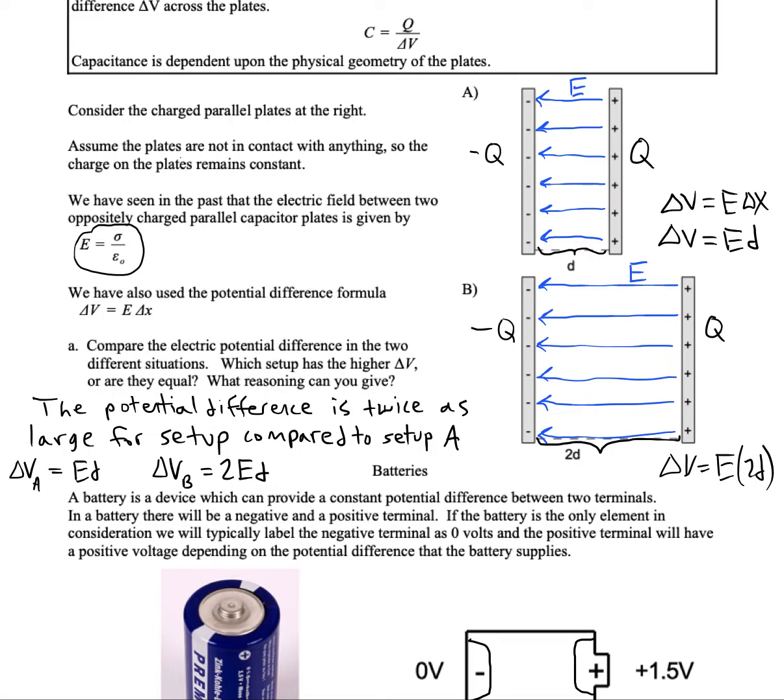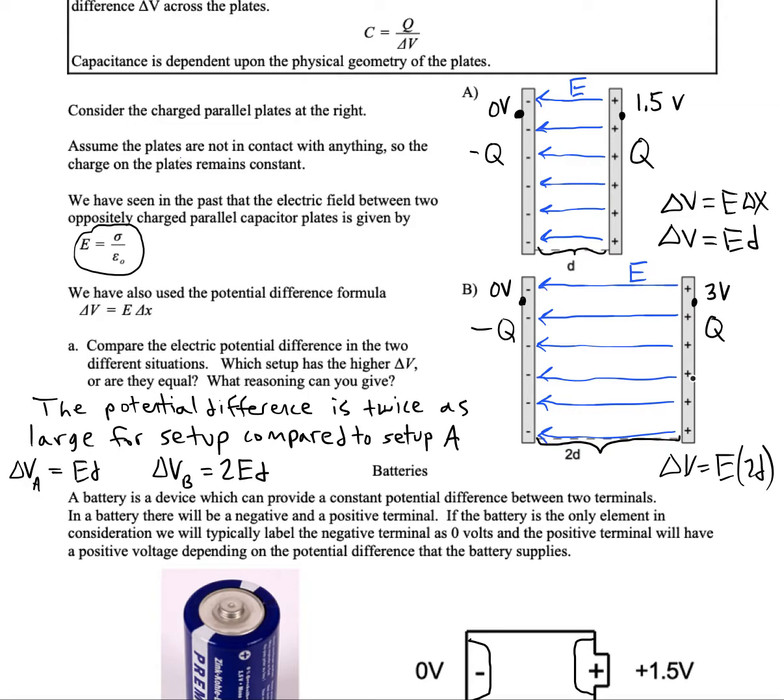Above, we said that if the plates were moved farther apart, the delta V would change. Let's just say, for the sake of argument, that this was a 0 volt potential and this was a 1.5 volt potential. Then when we move the plates apart, the separation would now be twice as much, so this would become a 3 volt potential.